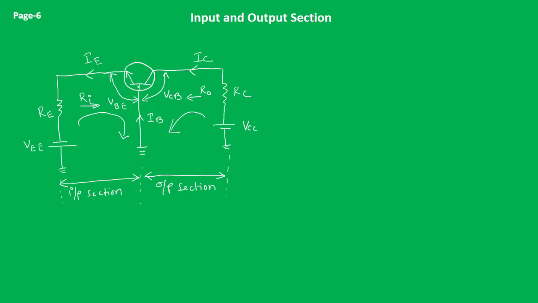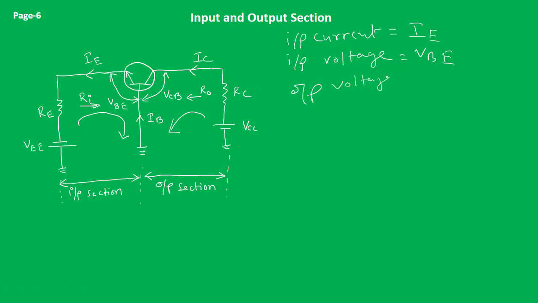In the input section, the input current is IE, and the input voltage across this junction is VBE. Similarly, the output voltage in the transistor is VCB.